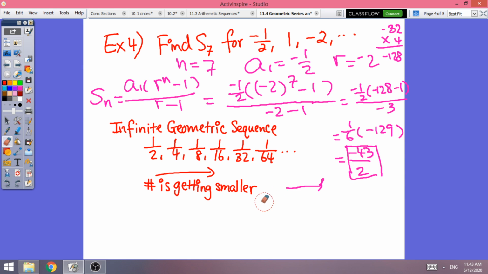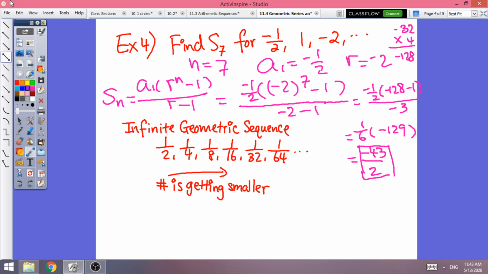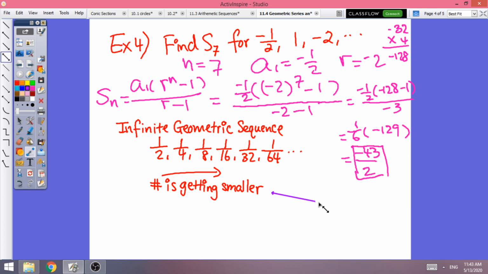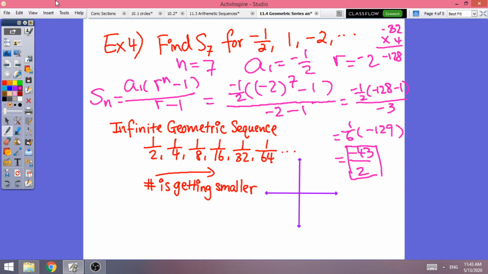Okay, so let me just sketch the graph here properly. So I need the x-axis, y-axis. Again, it's very difficult to draw that with the pen like this. Okay, so here's this x-axis, y-axis template. For the exponential decay function, it's going this way, and then it's getting closer and closer to the horizontal asymptote. Eventually, it's getting close to 0.